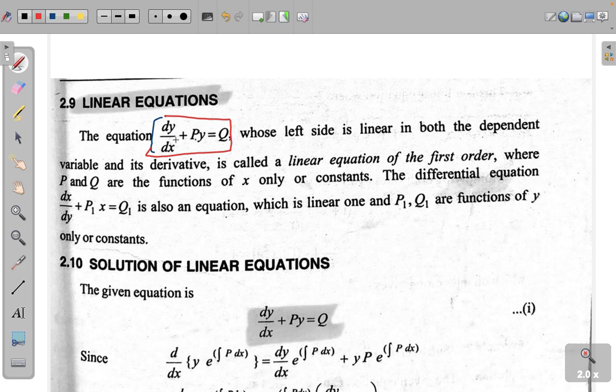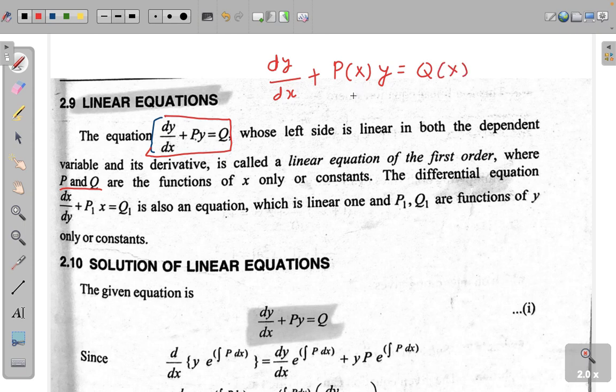So this kind of differential equation dy by dx plus p y equals q. Here they said that p and q must be functions of x only or constants. So you can write p like this, and similarly you can write q like this.